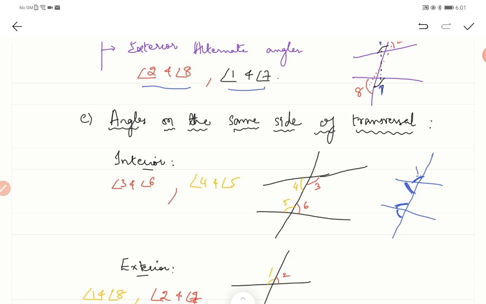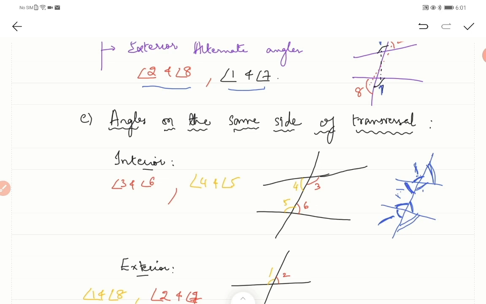So this pair forms exterior same side angles, and this is interior same side angles. One more pair is interior same side angles, and this is your exterior same side angles.